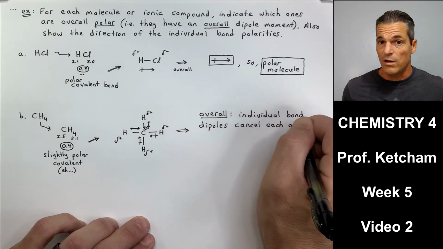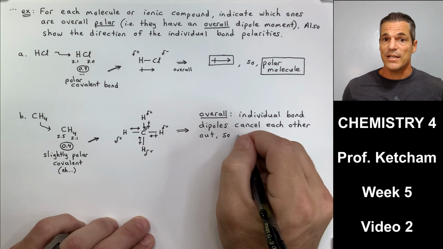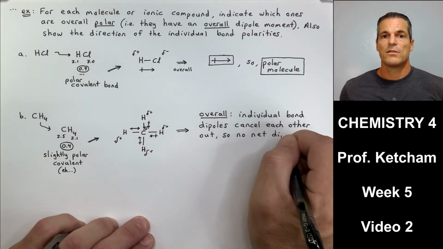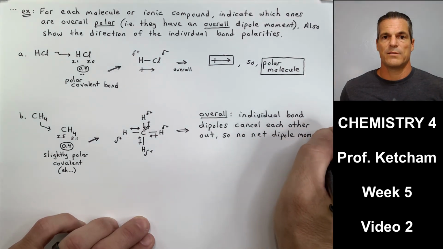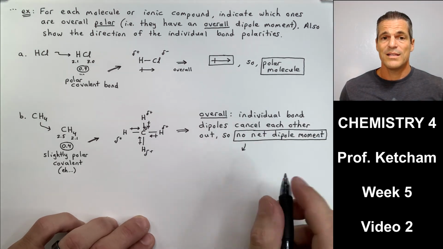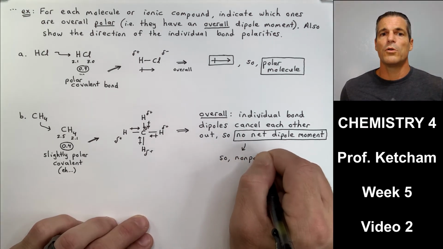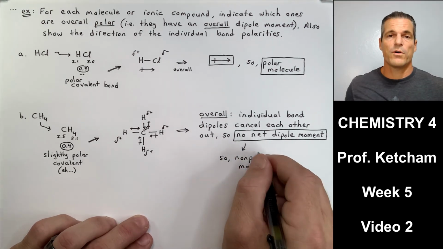So overall, the individual bond polarities cancel each other out. So we have no net dipole moment, all right? This is an example where the molecule overall is nonpolar, but we have slightly polarized bonds on four different occasions.